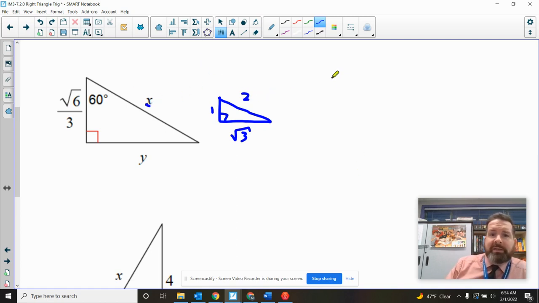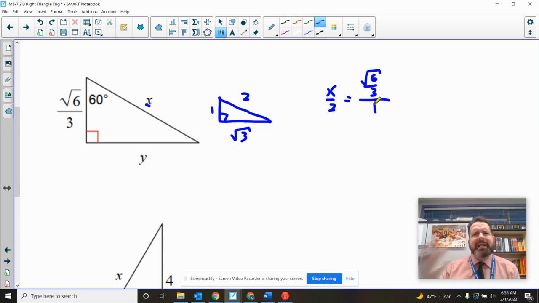So hypotenuse to hypotenuse, x compared to 2 is the same as this length compared to the corresponding length in the other triangle. Lots of different ways you can set up a proportion that makes this work out. You choose whichever proportion you like best.